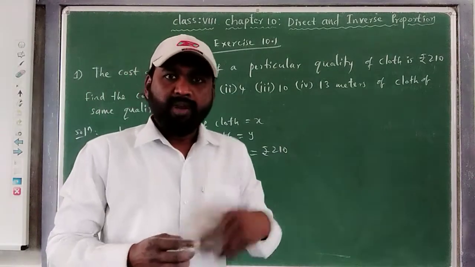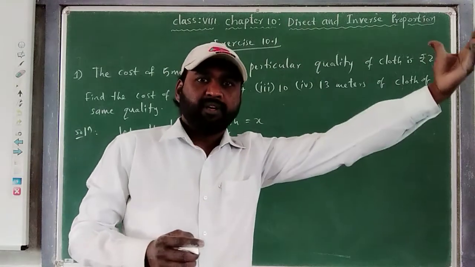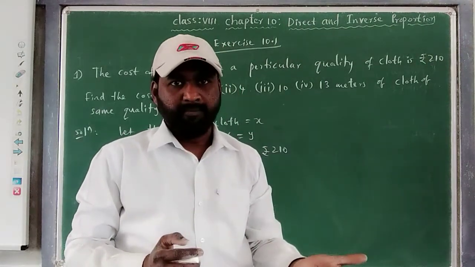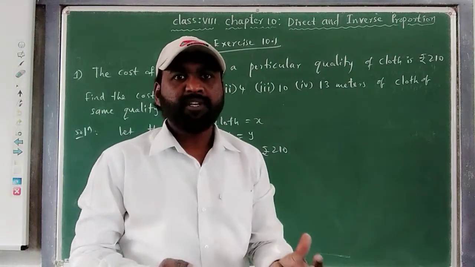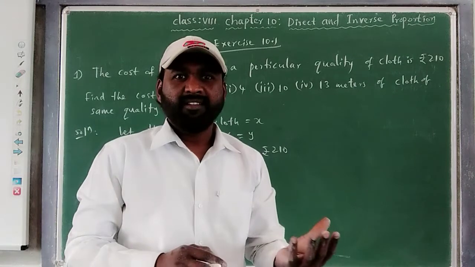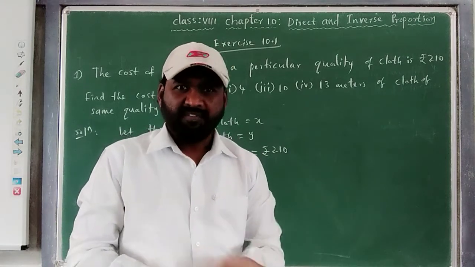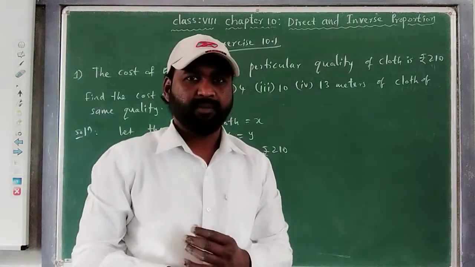Here we all know, if you want to purchase more length of cloth, you have to spend more money. If you want to purchase a little amount of cloth, you need to spend a little amount of money. Obviously, this is direct proportion. If one quantity increases, the other quantity also increases in the same ratio.